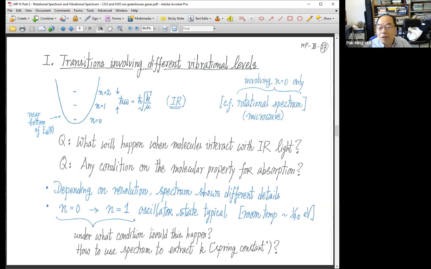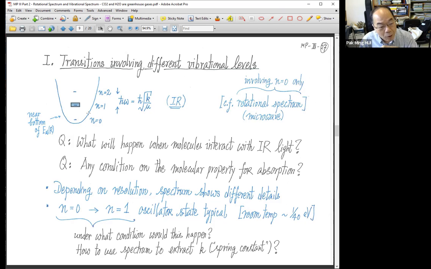Let's move on to transitions between vibrational states. What we are talking about now is from here to here, okay? But once you have this, life is more complicated, as you can imagine.